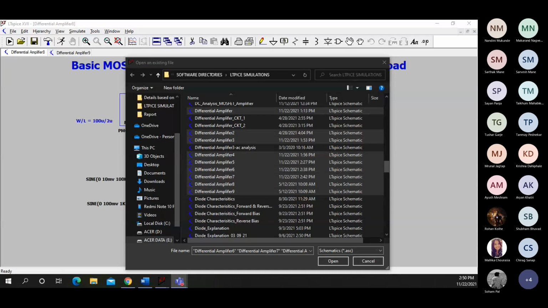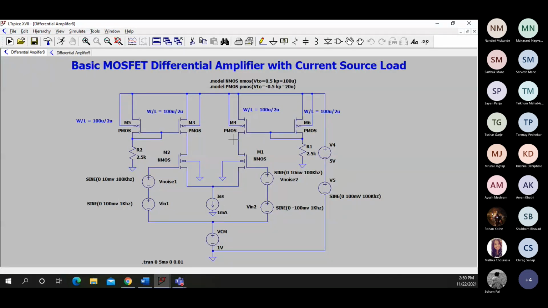Okay, so these are the files. So can you simulate these things now? I mean, they're very simple. The procedure is the same. The only thing is that you will now have to build these circuits.